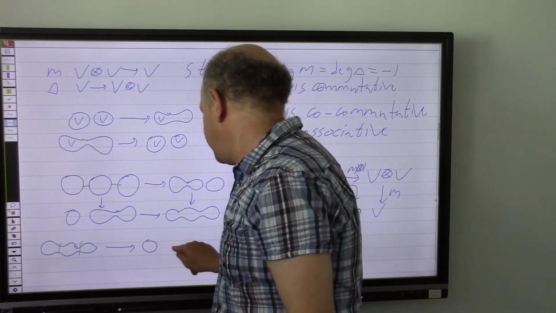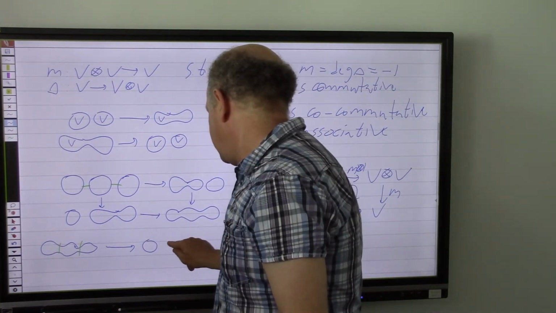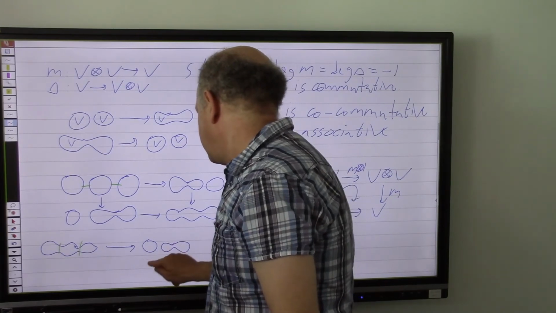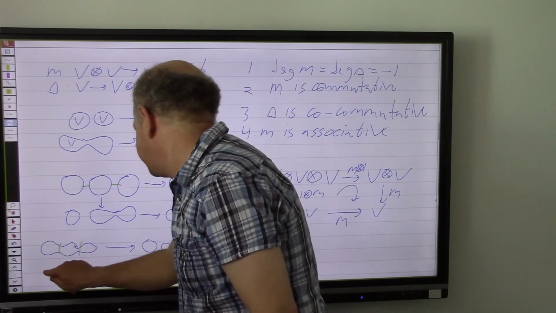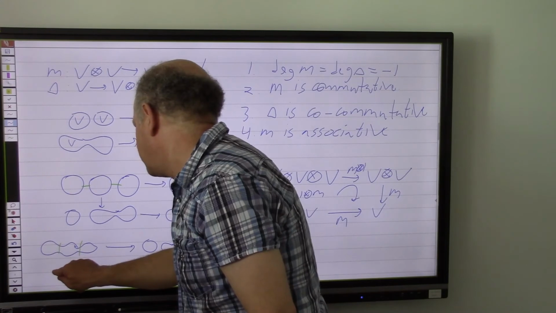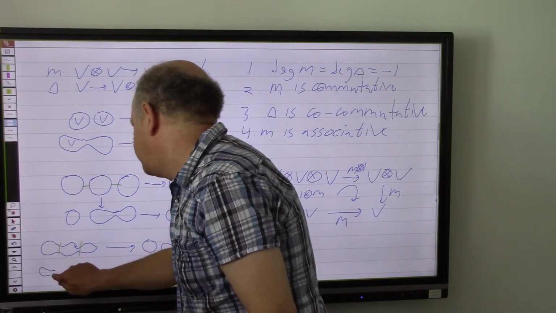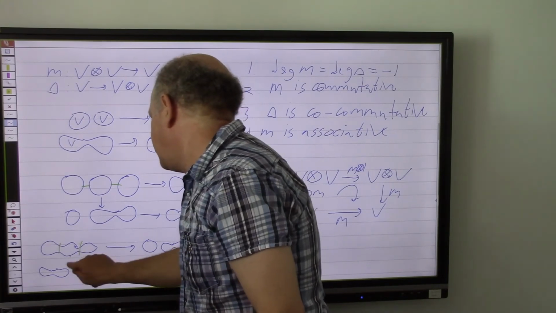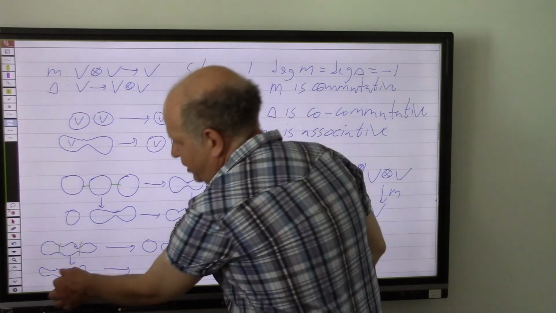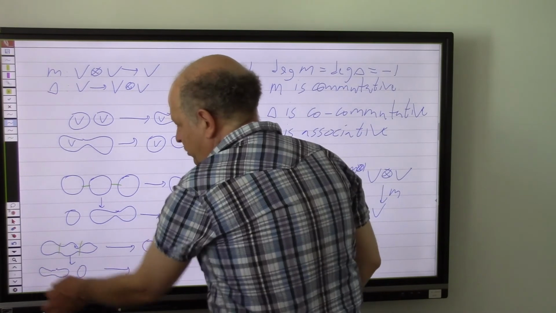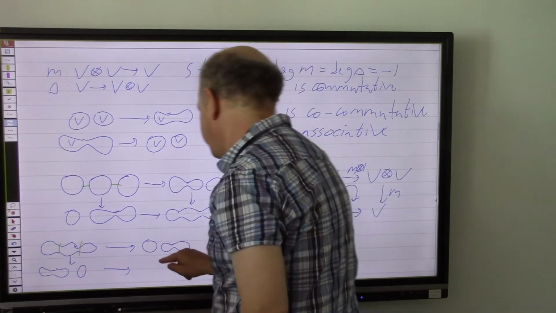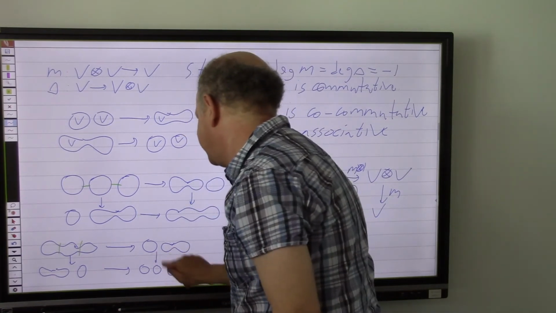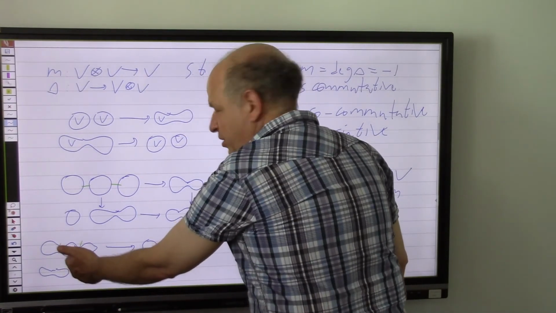One will give us this picture, and the other will give us this picture, and in here you can re-smooth the thing on the left, and here you can re-smooth the thing on the right, and in both cases you'll get 3 cycles, and so we got a diagram.